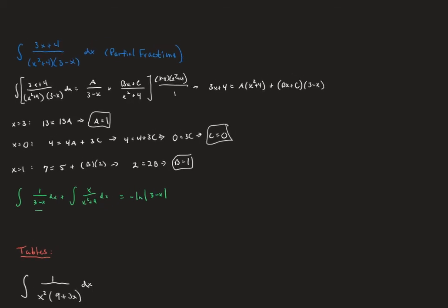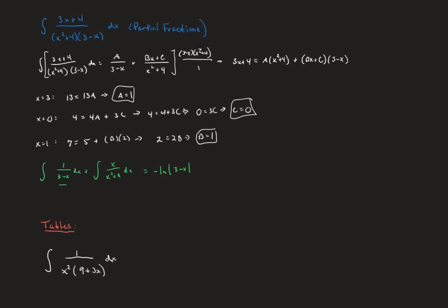And for the second, we can do a little u substitution: the du is going to be 2x, and so we are going to get an extra factor of 1/2 out of that. So that's going to become 1/2 the integral of du over u, and so that's going to be 1/2 natural log of our x squared plus 4.